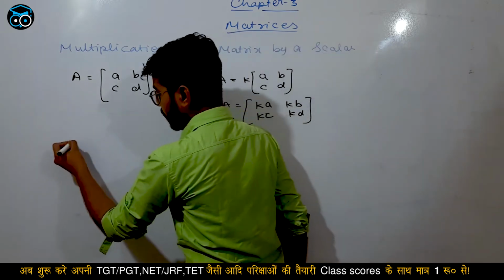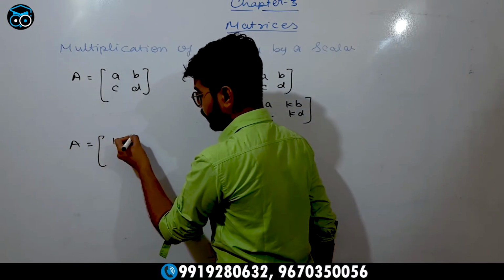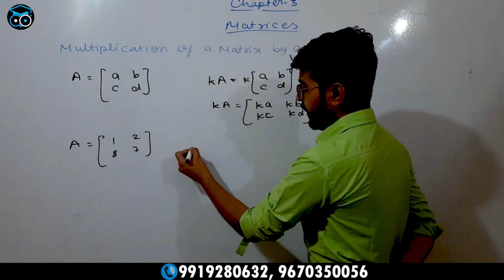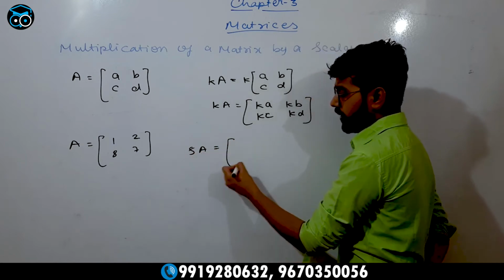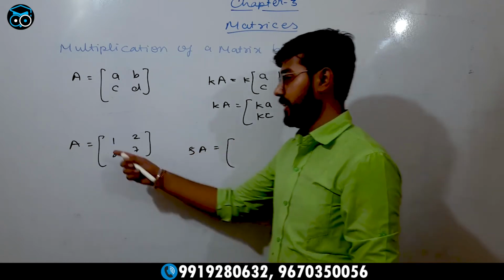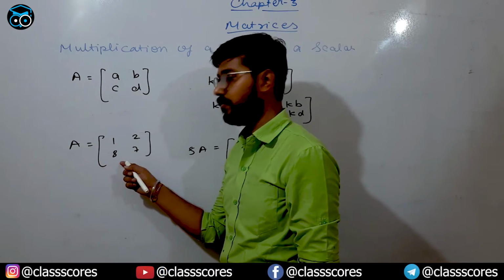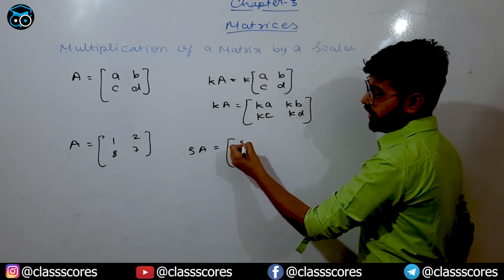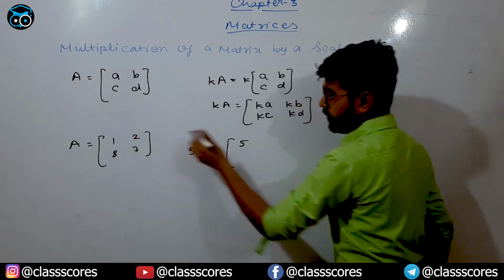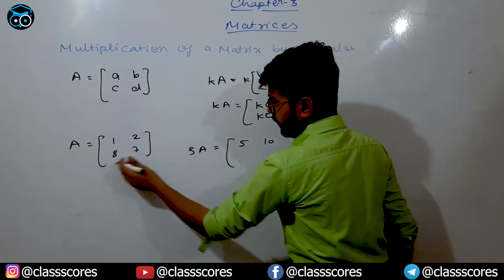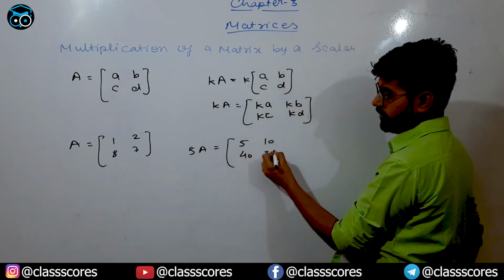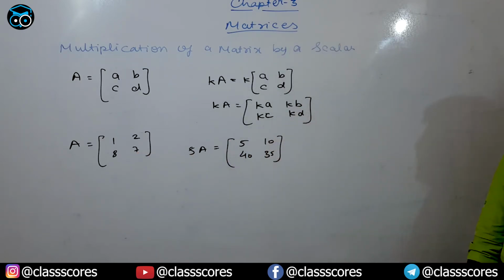Suppose one more matrix 1, 2, 8, 7 and we need to find the value of 5A. Here 5 will be multiplied into each and every element of the matrix. Then 5 into 1 is 5, 5 into 2 is 10, 5 into 8 is 40 and 5 into 7 is 35. This is the scalar multiplication.